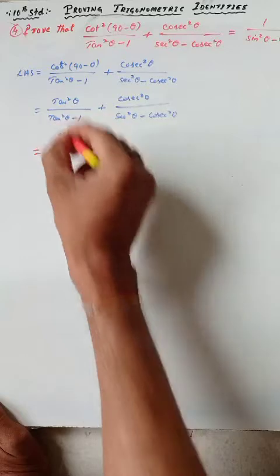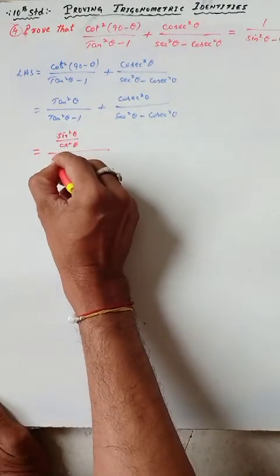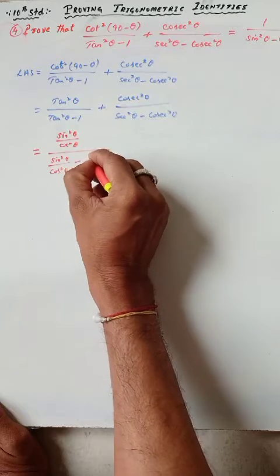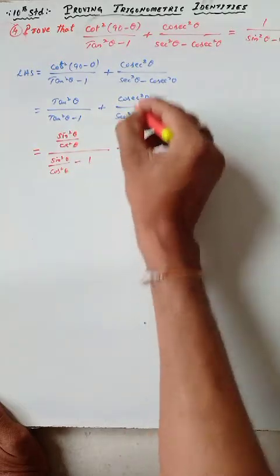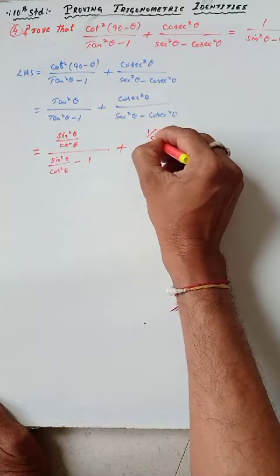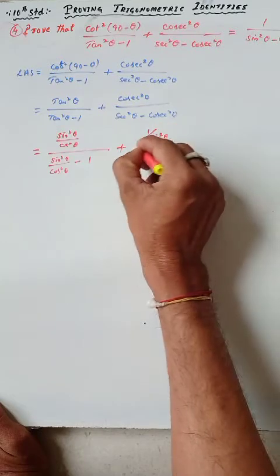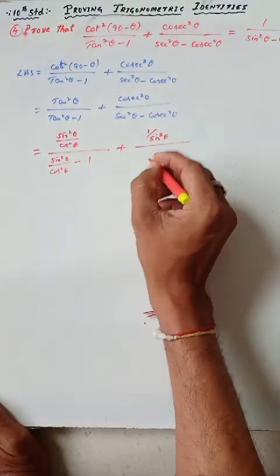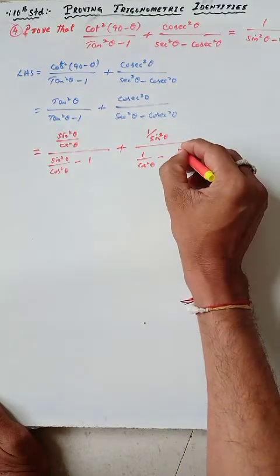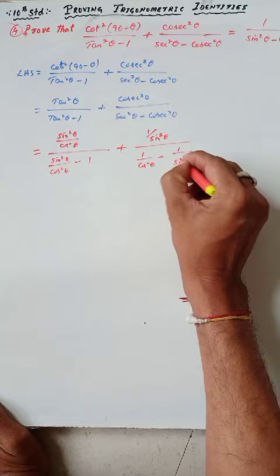Here also, sin squared theta by cos squared theta minus 1, plus cosecant squared theta, which is the same as 1 by sin squared theta, divided by secant squared theta, which is 1 by cos squared theta, minus cosecant squared theta, which is again 1 by sin squared theta.